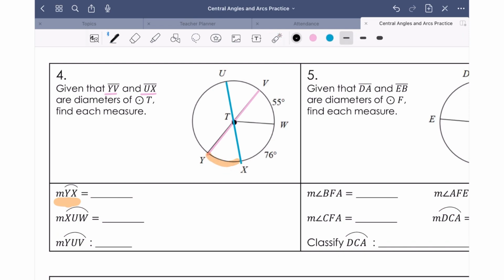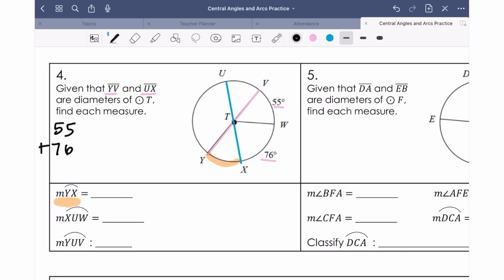So knowing that this is the diameter, I know that half of this circle, a semicircle, is 180 degrees. So I can figure out this entire section of angles by adding these 2, 55 plus 76.